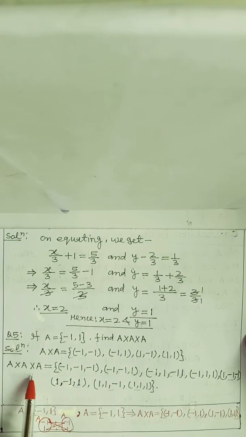And here the number of ordered triplets is 1, 2, 3, 4, 5, 6, 7 and 8.